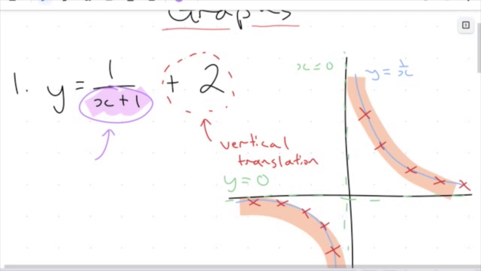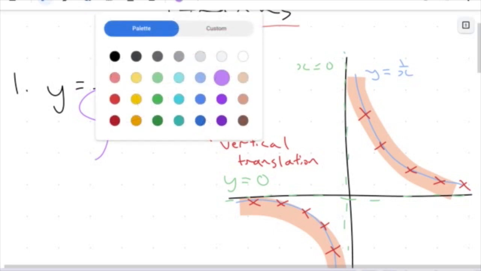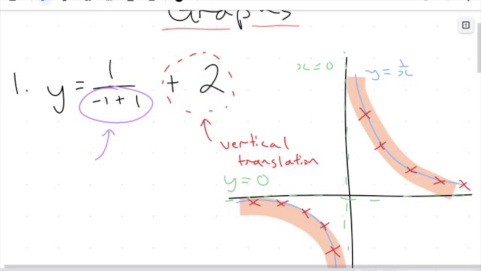So if I, for example, substituted in -1 here instead of x, if I had -1 plus 1, that's going to give me 0.